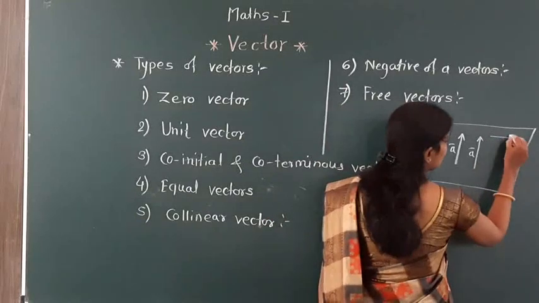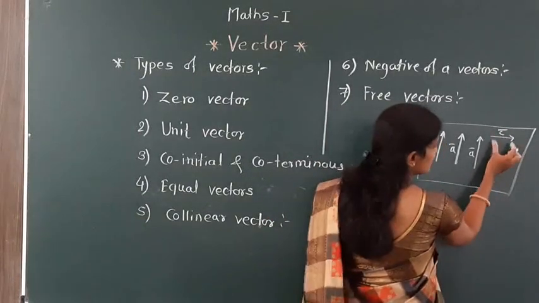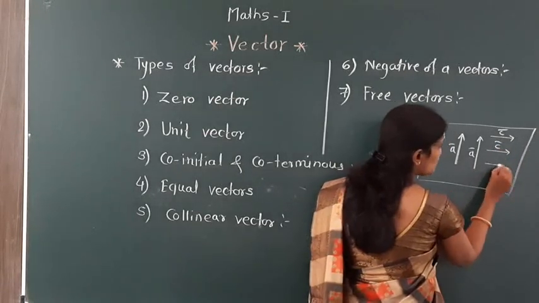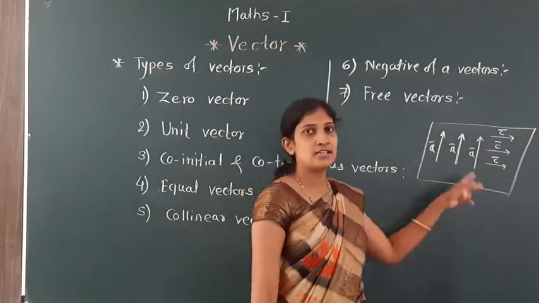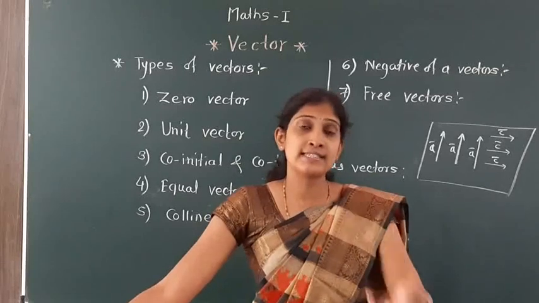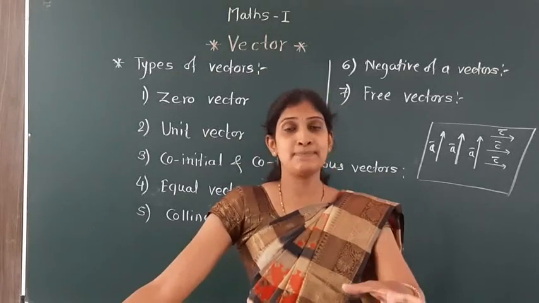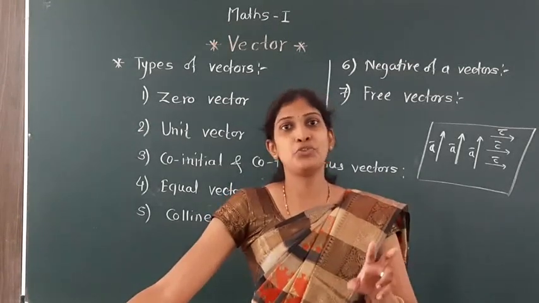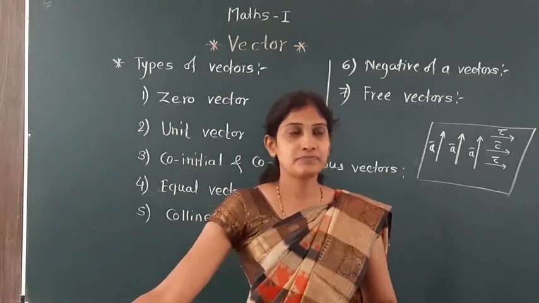If we take another vector, C bar, we translate this from this position, this is C bar. So free vectors are the vectors which we translate from one place to another in space without changing their magnitude and direction.